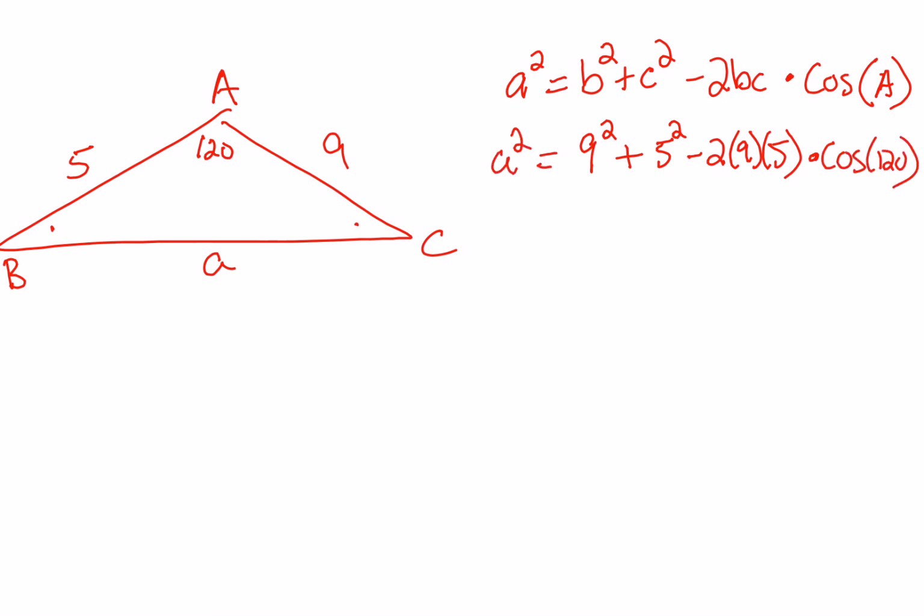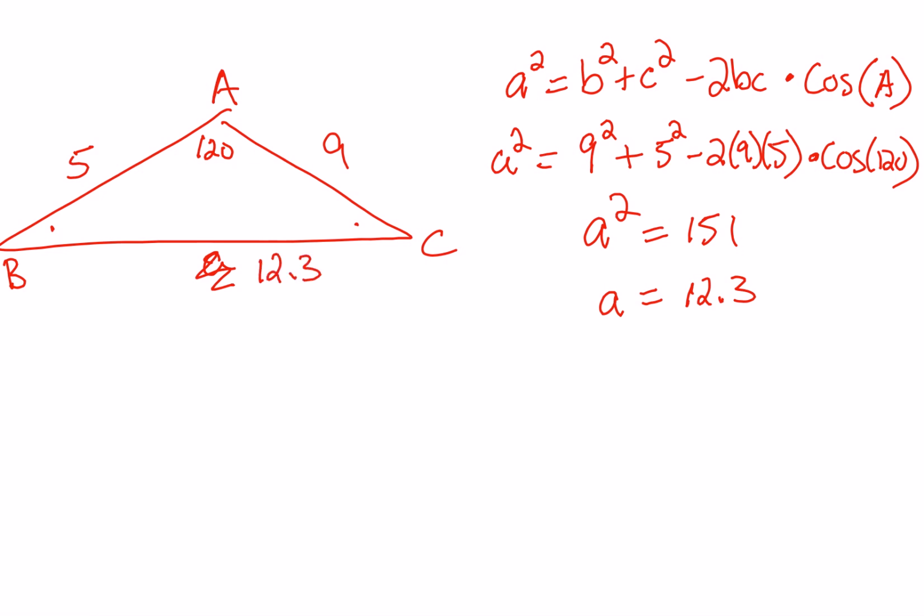That all equals a squared. So take a moment and punch that into your calculator. You should get a squared is equal to 151. Square root both sides, and you get a equals about 12.3. So that's little a, 12.3.